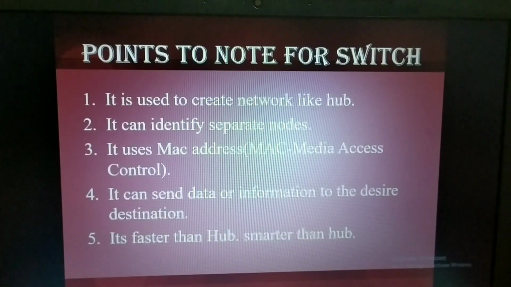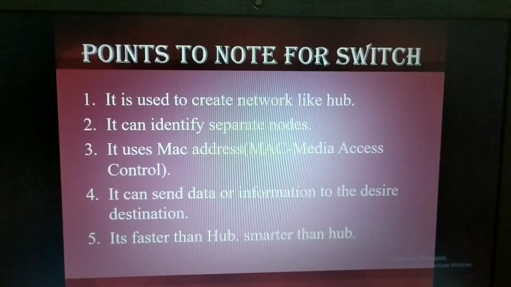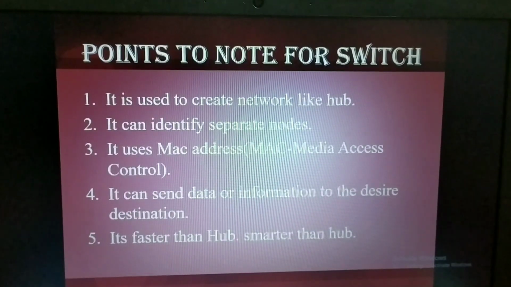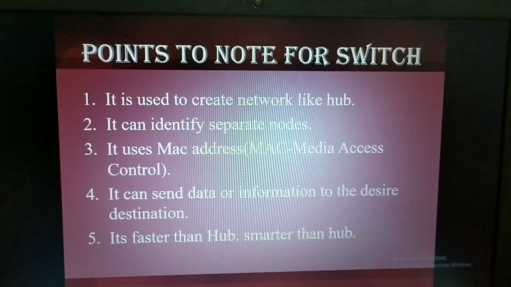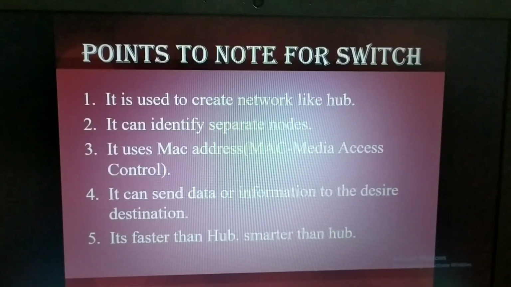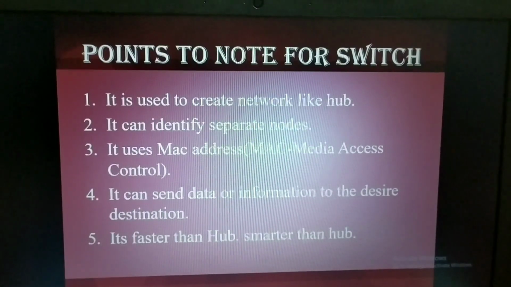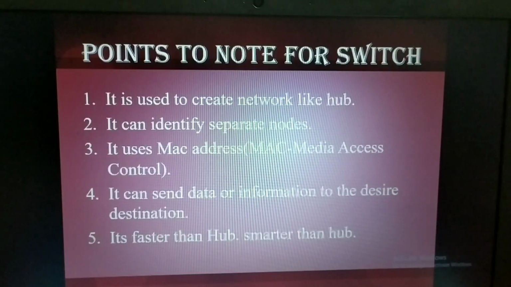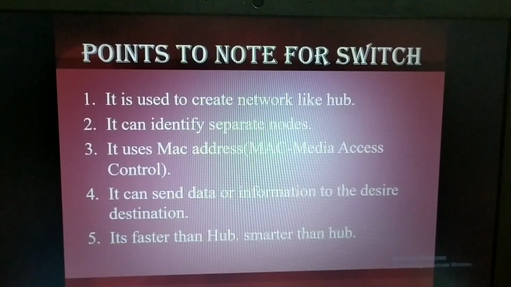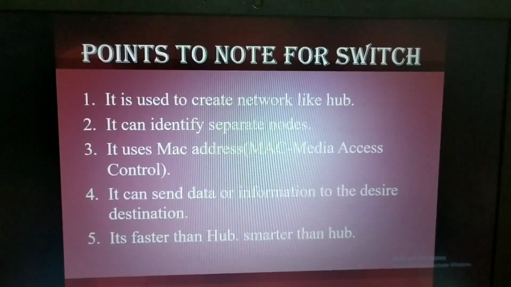Then it uses MAC address, and as it uses MAC address, it can identify separate nodes and send data to the desired computer or desired destination. That is also a good point. Now go to the last one: it is faster than hub obviously. So if we compare hub and switch, we can use all these points.